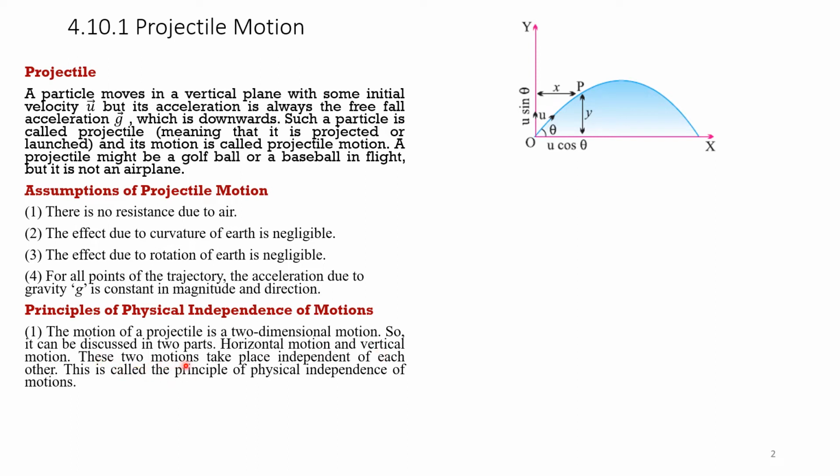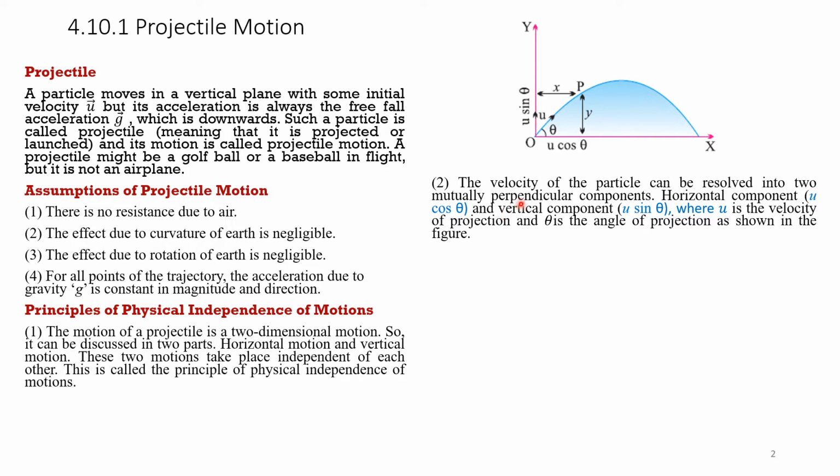These two motions take place independent of each other. This is called the principle of physical independence. That is, we consider the motion in two separate components along x-axis, horizontal and vertical.